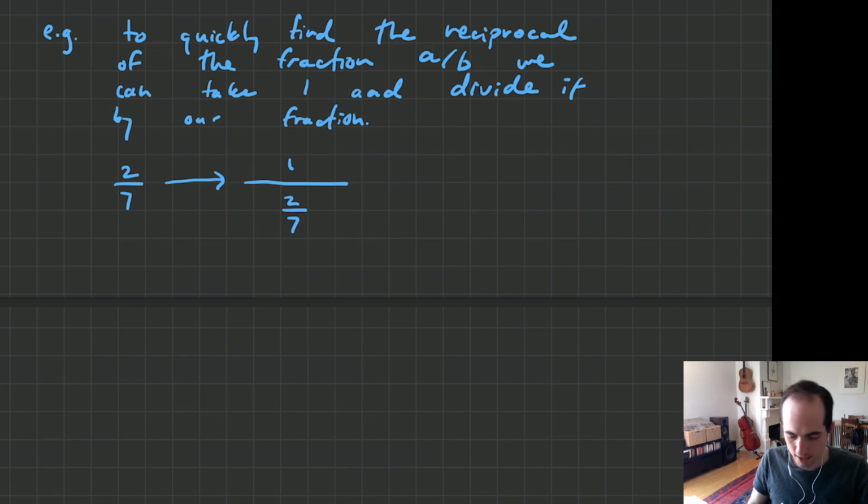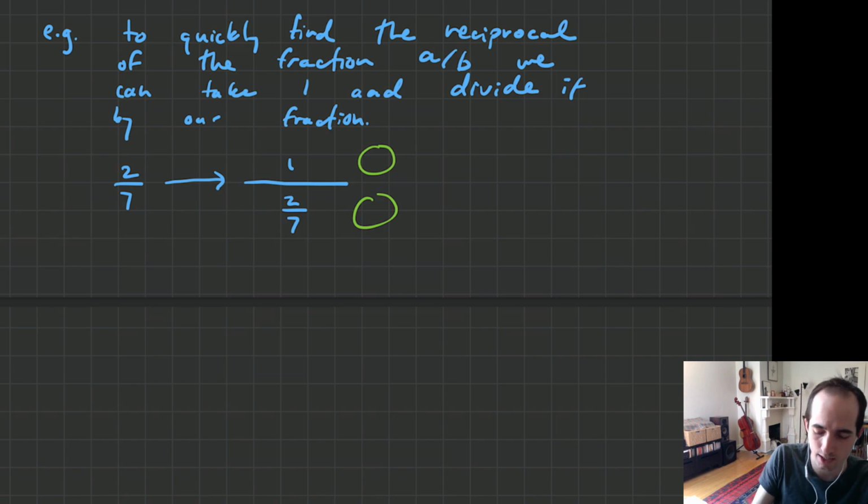And if we wanted to get rid of the fraction as a denominator, I could multiply the numerator and the denominator of the big fraction by the denominator of the denominator. I know that sounds weird, but all I'm doing is taking this 7 and multiplying it in the numerator and the denominator.